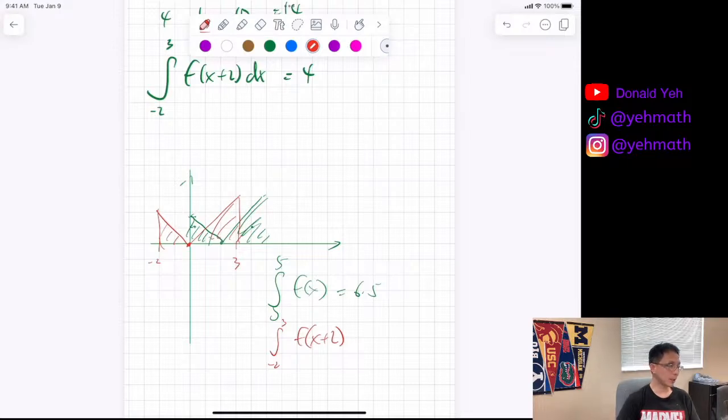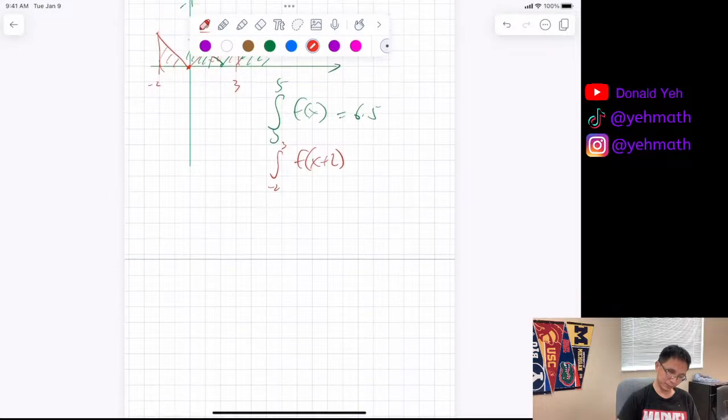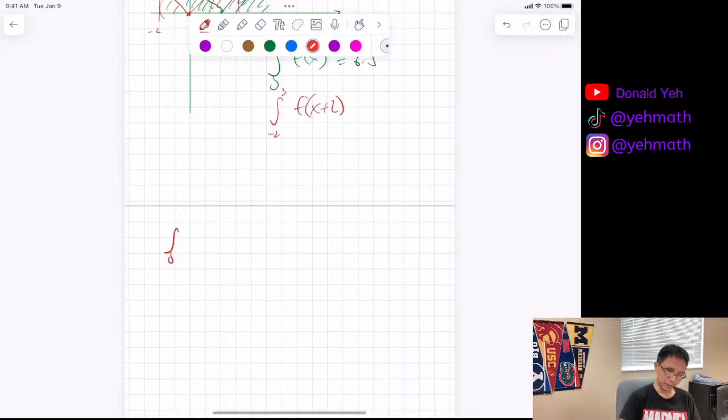Next question. They say f of x is even. Cool. The integral from 0 to 5 of f of x dx. You should understand this if you understand pre-calc. What does an even function mean?